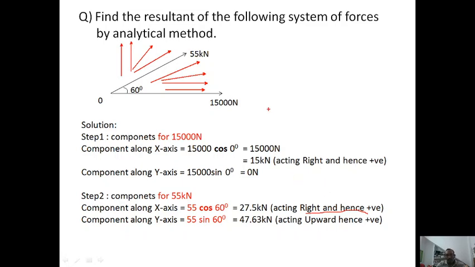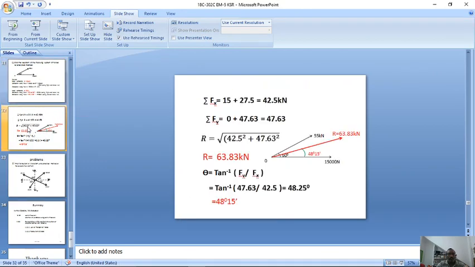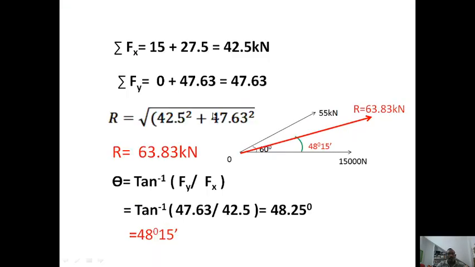Right? So after getting the values, the same thing has been substituted in the formula sigma f of x and sigma f of y. You got those values as sigma f of x equal to 42.5 kilonewton, sigma f of y 47.63. Then the resultant will be the square root of 42.5 square plus 47.63 square.